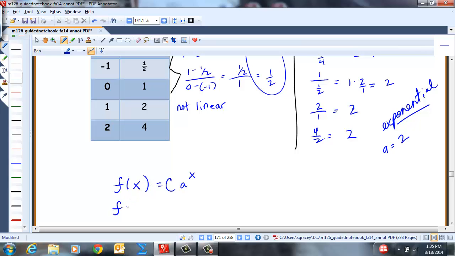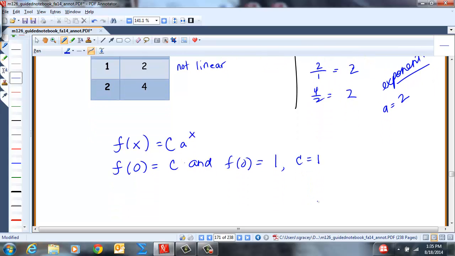And we also know that f at 0 is c, and we know that f at 0 is 1 from our table. So c equals 1. So putting it all together, f at x equals 1 times 2 to the x. So our final result is f at x equals 2 to the x.